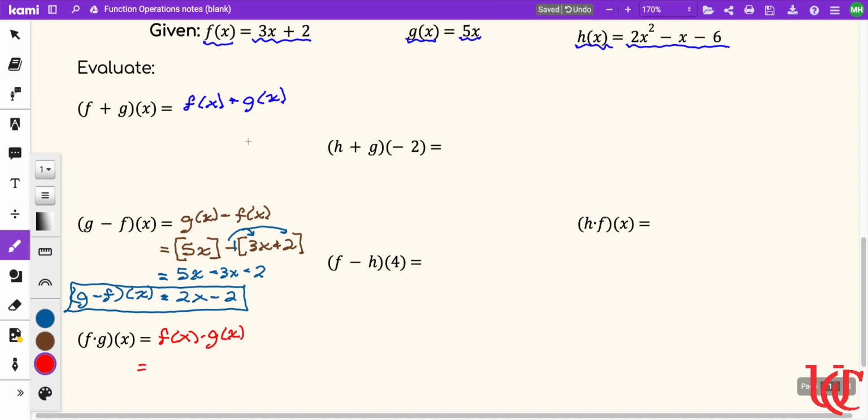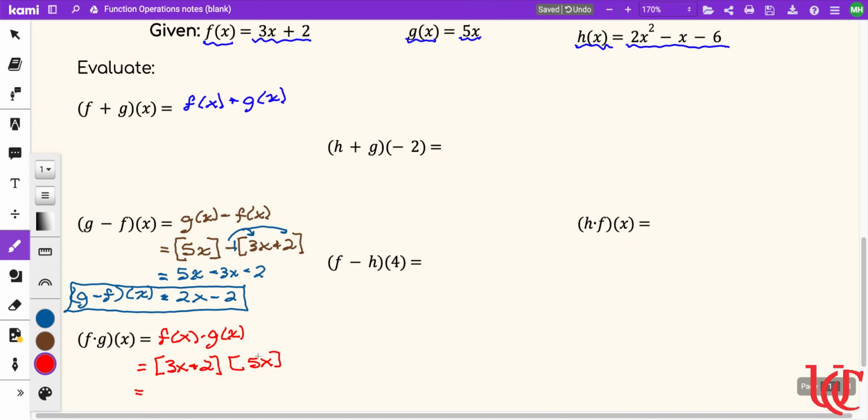Now, f of x, the right-hand equivalence, is 3x plus 2. The g of x is 5x. So there's that multiplication in between them. This is the same thing as 3x plus 2, which could have been in parentheses, times 5x.